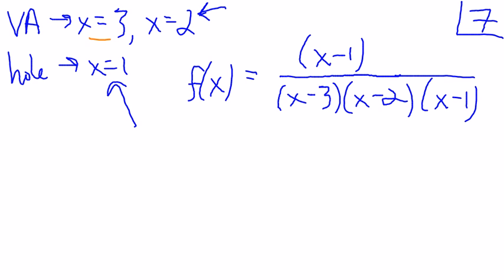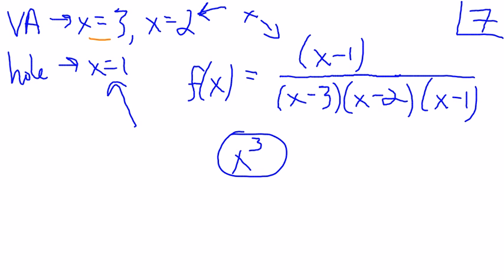This particular equation has a horizontal asymptote. It's pretty clear that the biggest power at the bottom is x cubed, and the biggest power on the top is x. That x cubed will come from multiplying all 3 of those x's. I'd have other terms too, but all I care about is the biggest one.